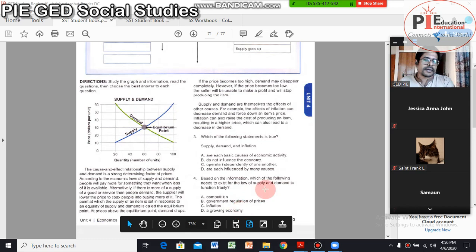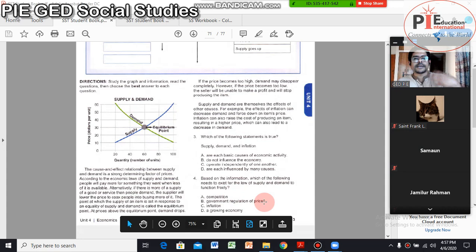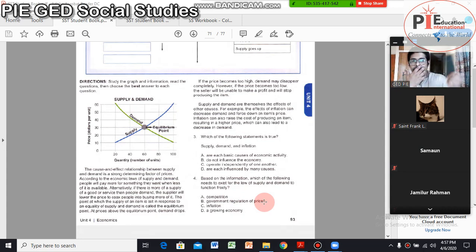But if there is a government that comes in and says, no, you cannot sell this product at that price, you have to sell it very low or very high, do you think the law of supply and demand will function freely? Definitely not. So we are left with A and D, right?